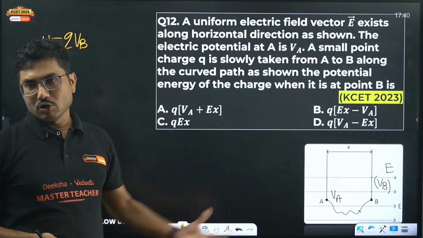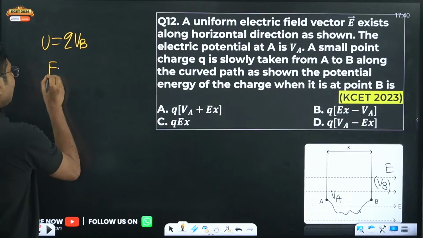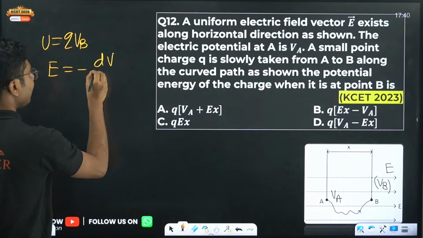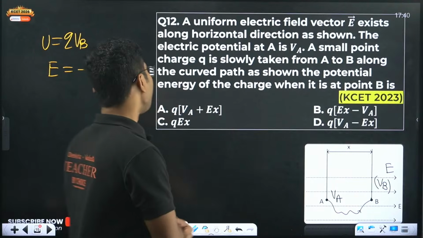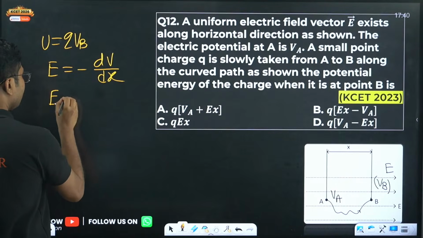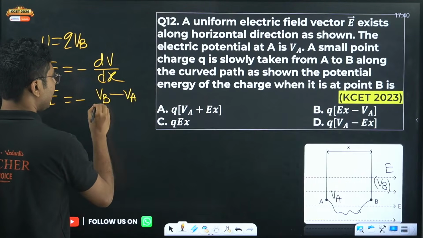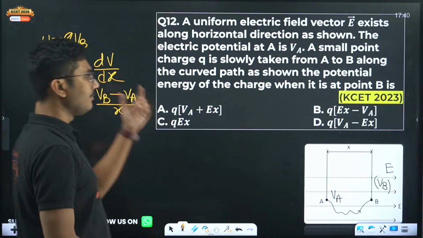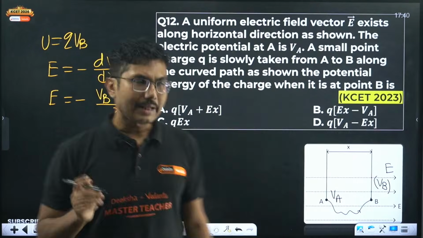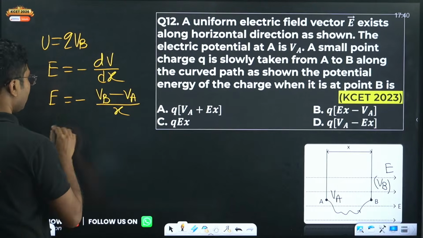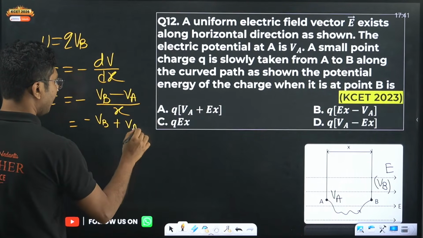Now here obviously VB is not given. So how to find VB? For that we will use electric field is given by minus dV by dx. So E equals minus final potential minus initial potential divided by the distance between them. dV is the difference in potential, VB minus VA, divided by x, so E equals minus VB plus VA by x.